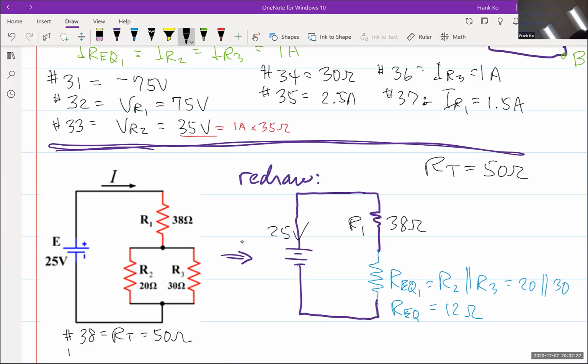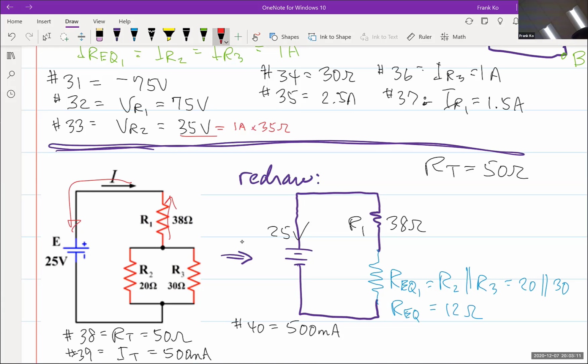Number 39, we should have IT is equal to what? 500 milliamps. Any questions on 500 milliamps? It's 25 divided by 50. That's how you get that. And then number 40 is for IR1, is also 500 milliamps, because IT which flows back to the source also flows through R1.